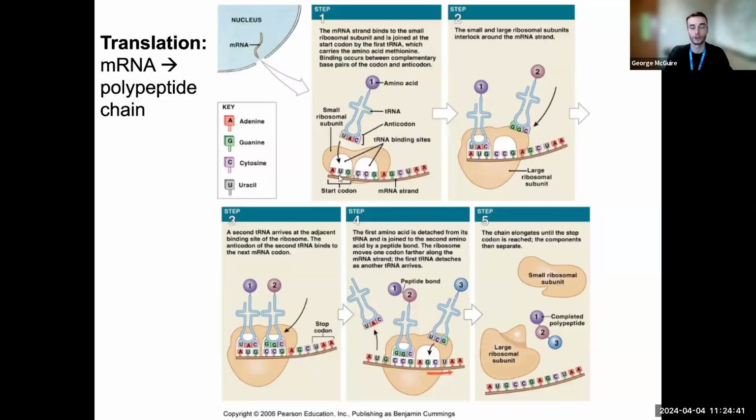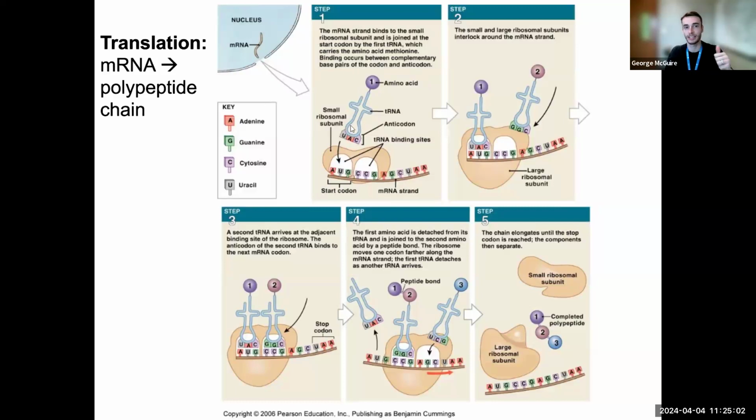So codons are groups of 3 nucleotides, right? AUG is considered our start codon. These are always nucleotide triplets, 3 nucleotides for every 1 codon. And each codon is going to match with an anticodon that is on tRNA.